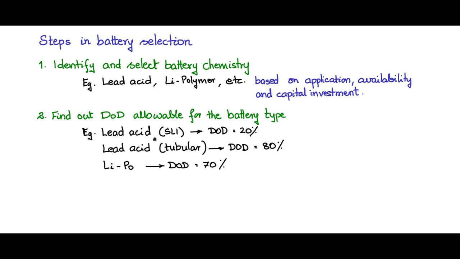So when you want to go for these deep discharge batteries, your application also should equivalently dictate the need for such deep discharge batteries. If the discharge currents are low but continuous for a very long time, then go for deep discharge batteries. If the discharge currents are very high and for a very short time, then go for batteries like the SLI batteries.